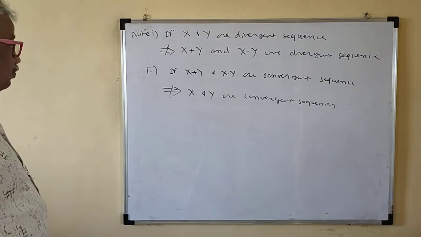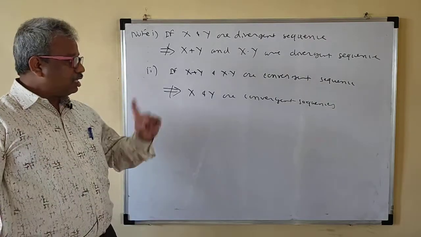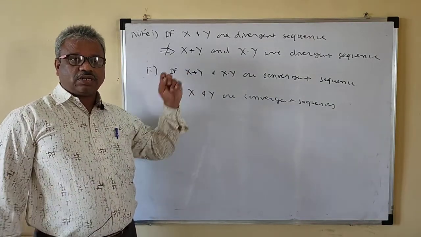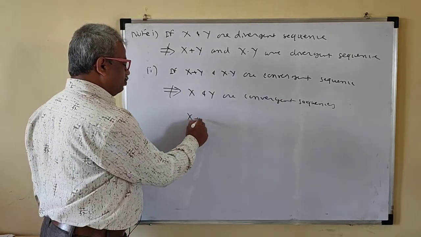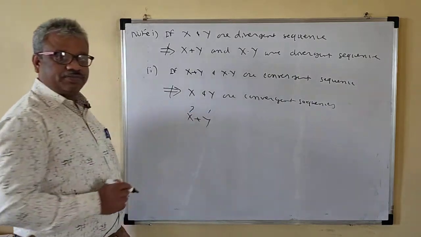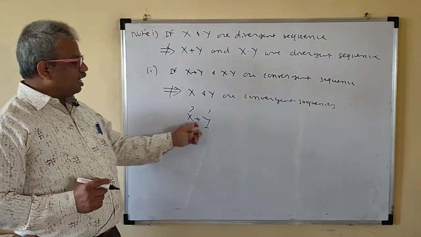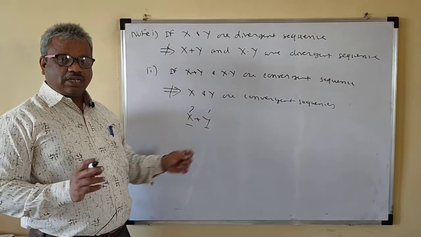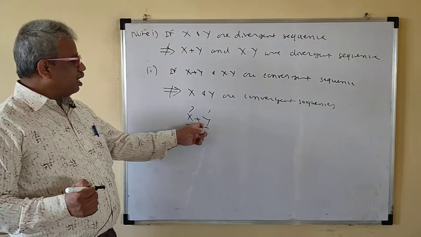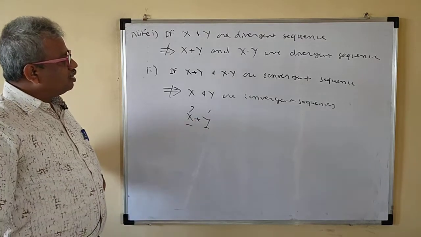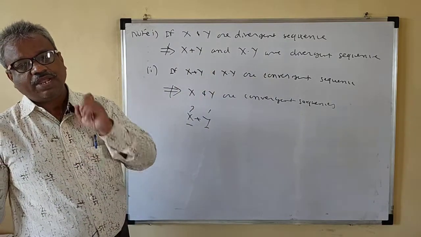Note that the sum is convergent, but this does not imply that individually x is convergent and y is convergent. Now see here, if x is convergent and y is divergent, then x plus y will be divergent. If both are divergent, this does not imply that x plus y is divergent. So note that the sum of two divergent sequences need not be divergent.